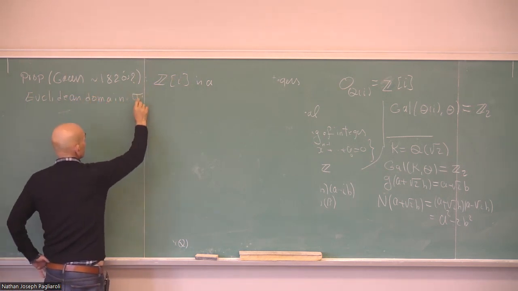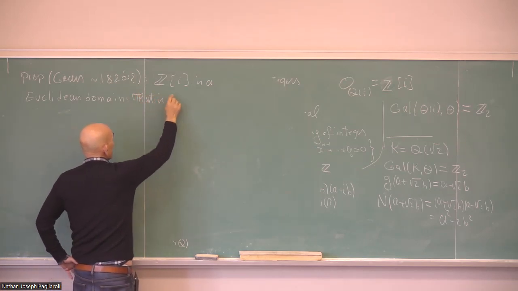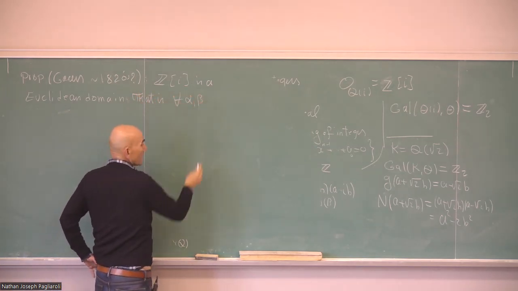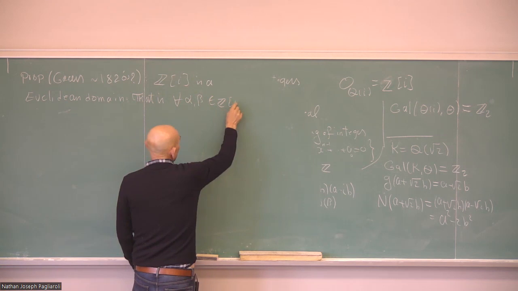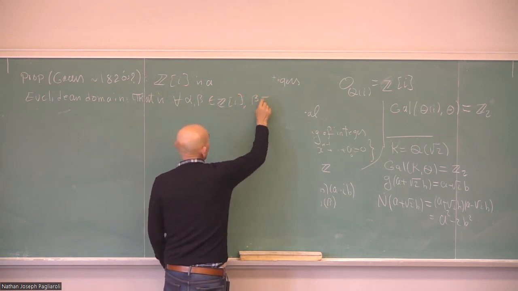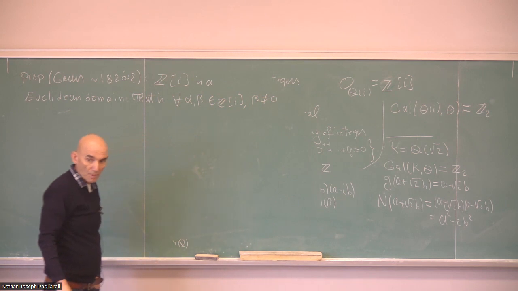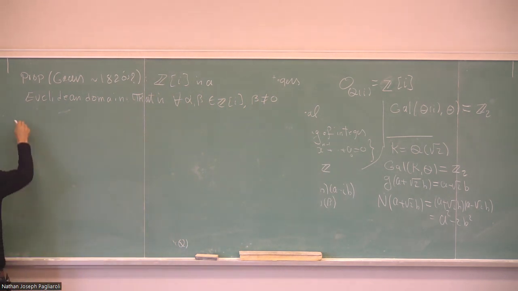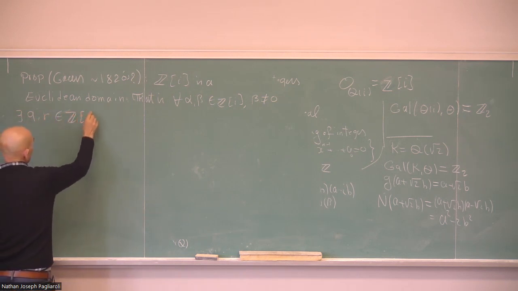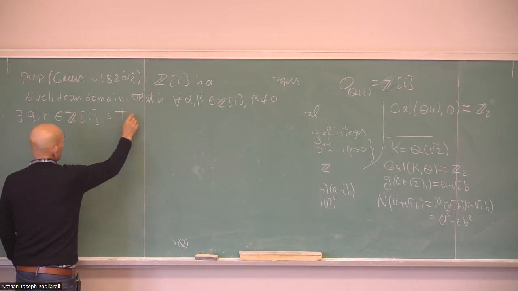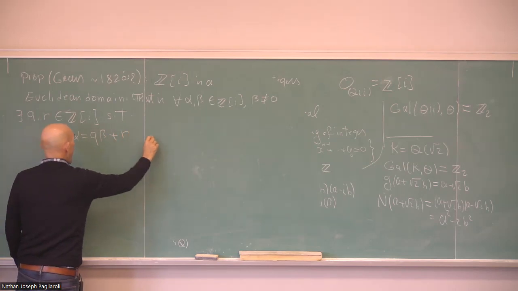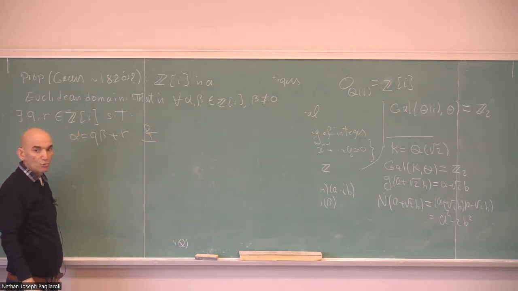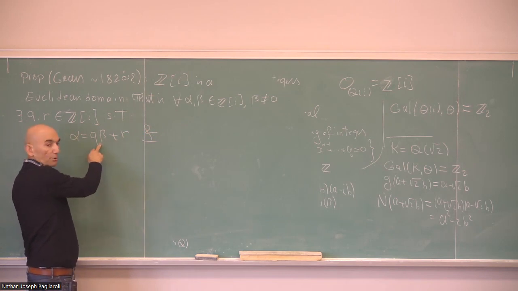That is, for any alpha and beta belonging to Z[i], beta different from 0, there exist q and r belonging to Z[i] again, such that alpha is equal to q beta plus r, and this is also important, the norm of r is less than the norm of beta.